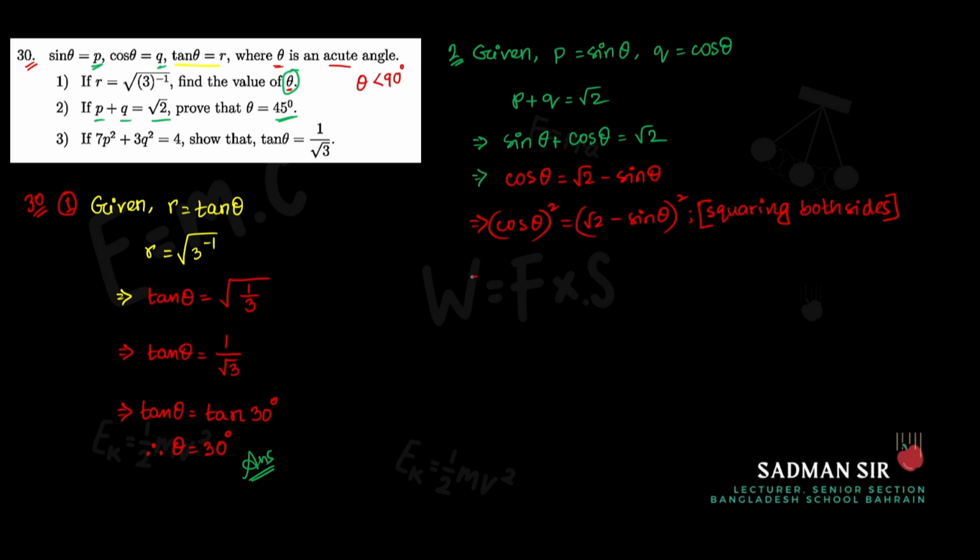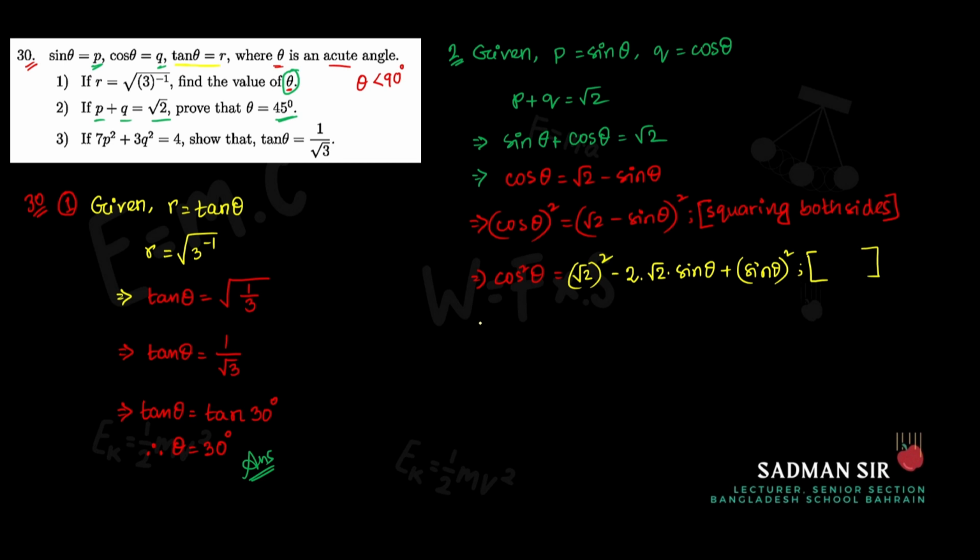Okay. And then it will become cos square theta is equal to, a minus b whole square formula we will apply here. So a square, this is a and this is b. So a square minus 2a into b plus b square. Correct. So mention here what formula you used, that is a minus b whole square formula.